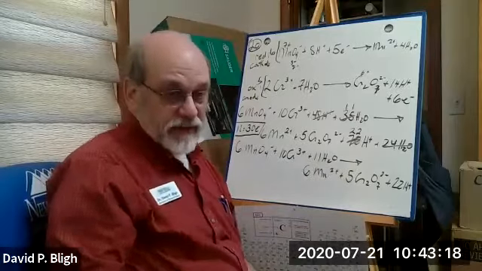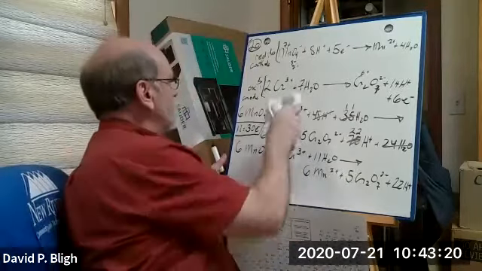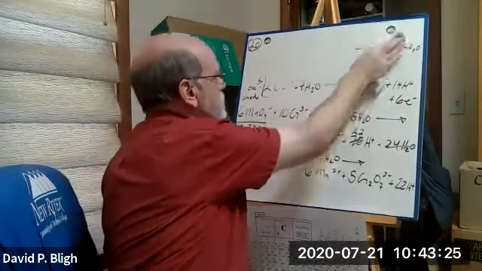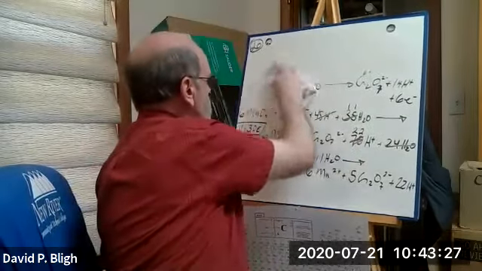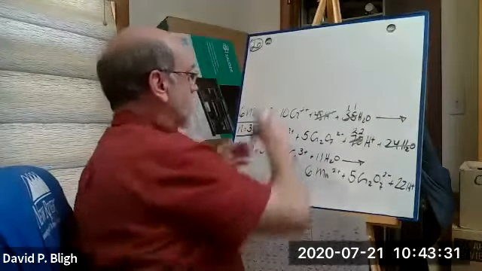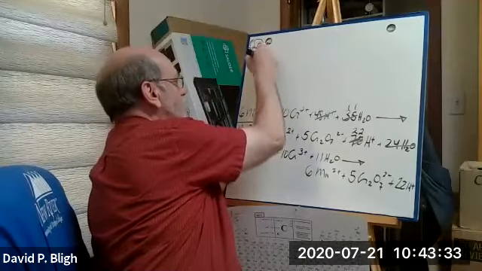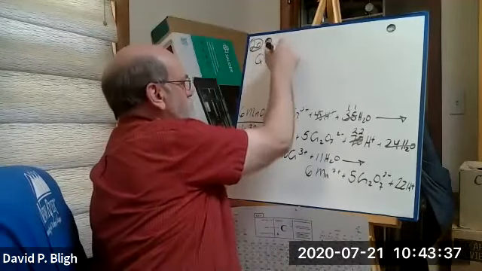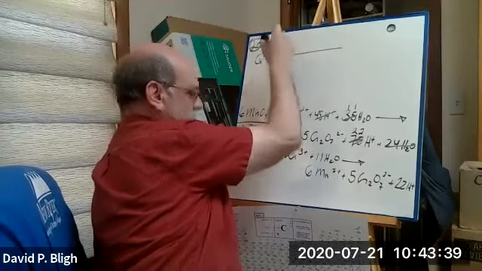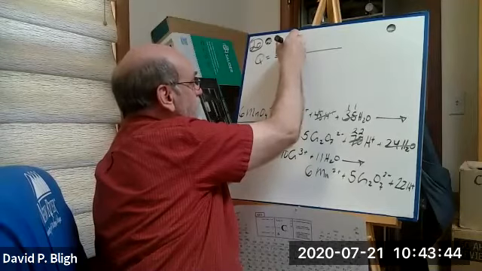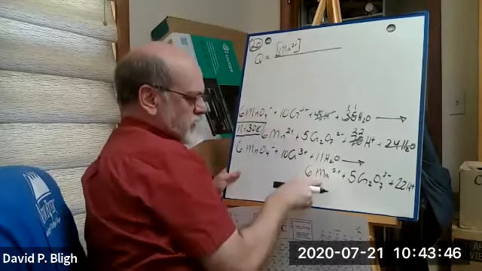Now, to calculate the Q from that, I'm going to have to erase all this and start compiling the Q. Right? So we have this one in the numerator, Mn2 plus to the 6th power.